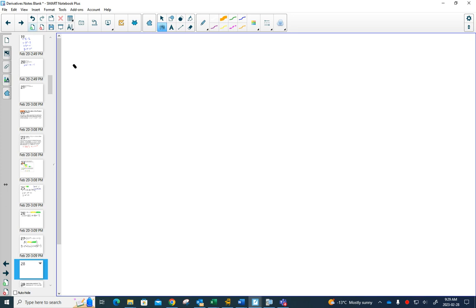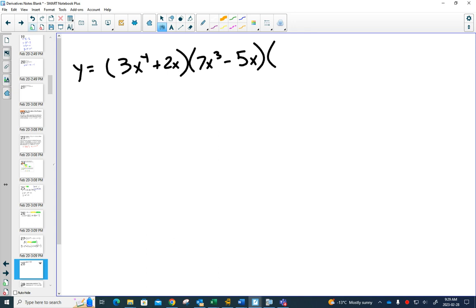I'm going to have a little bit of fun because my original function is 3x to the 4 plus 2x, multiplied by 7x cubed minus 5x, and then multiplied again by 3x to the 5 plus x to the half.